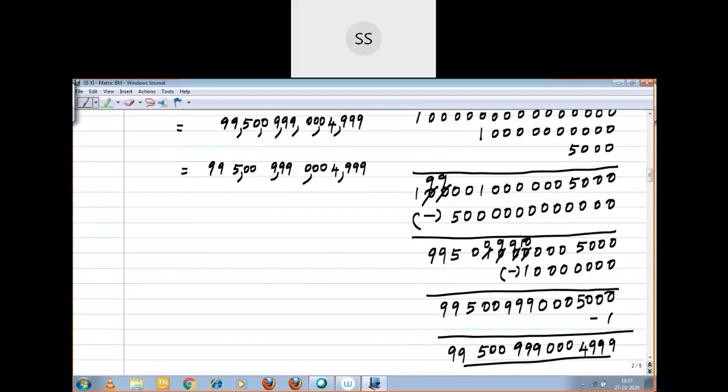Now we are going to subtract. 9, 9, 9, 4. Then how many zeros? Triple zeros. Then how many nines I said? Triple 9. Then 500. Then double 9. What I said, what I did, what I wrote here, the same result I arrived. The calculation you have to be very careful and do, right?